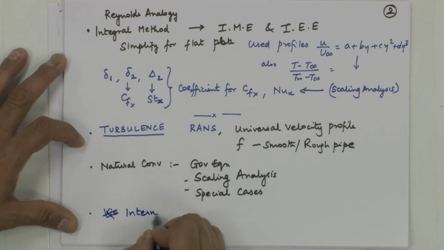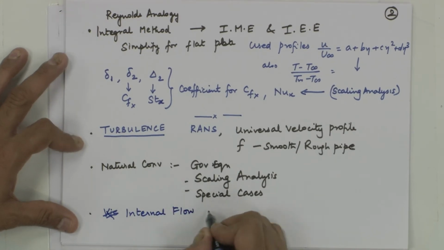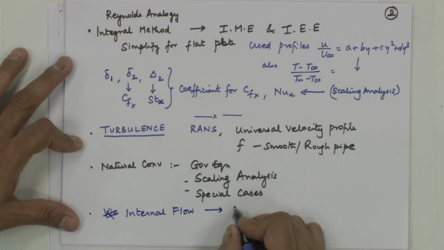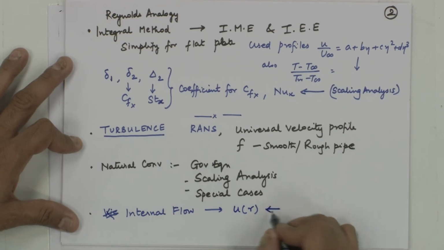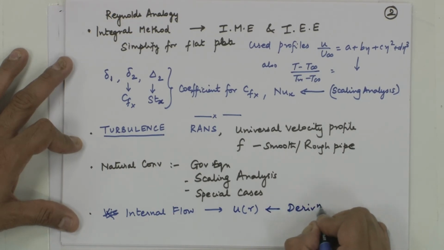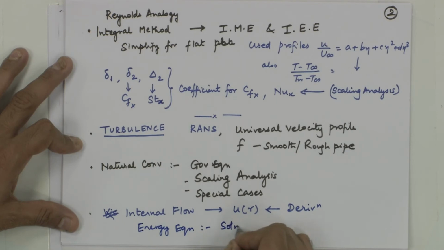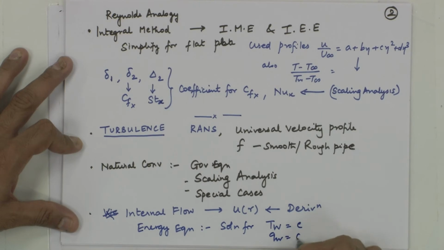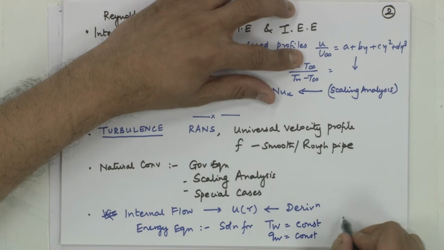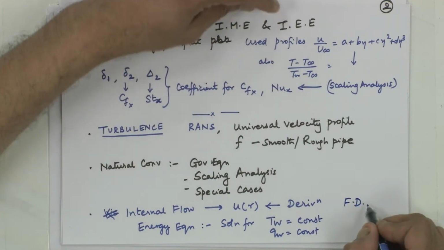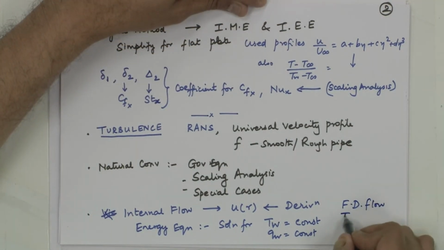I forgot about it. Internal flow, we did the derivation of velocity profile, then looked at energy equation simplification, solution for constant wall heat flux and constant wall temperature case, concept of fully developed flow and thermally fully developed.